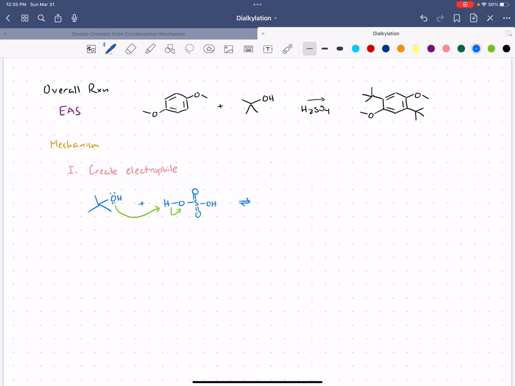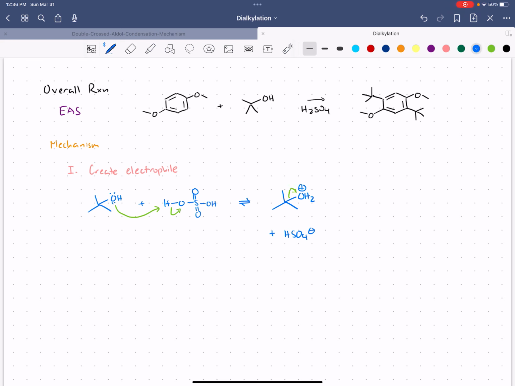Let's make OH a good leaving group by converting it into water. We did create the conjugate base of sulfuric acid. And water leaves just like this, pops off.